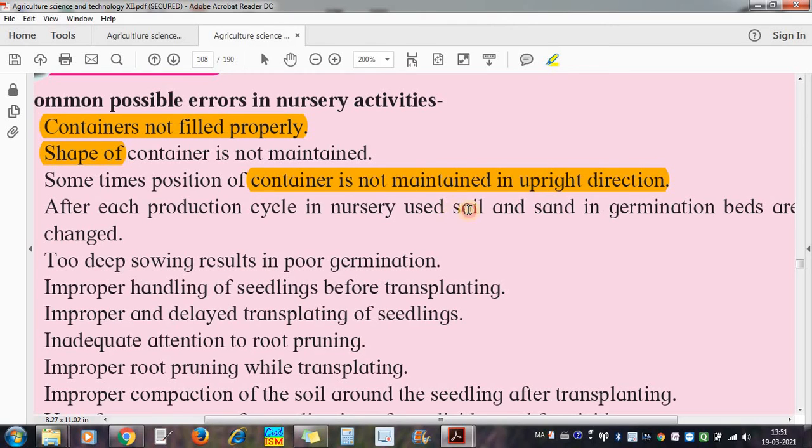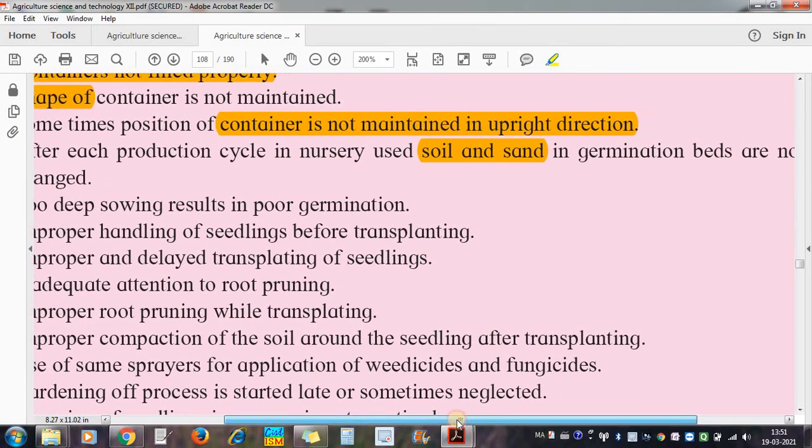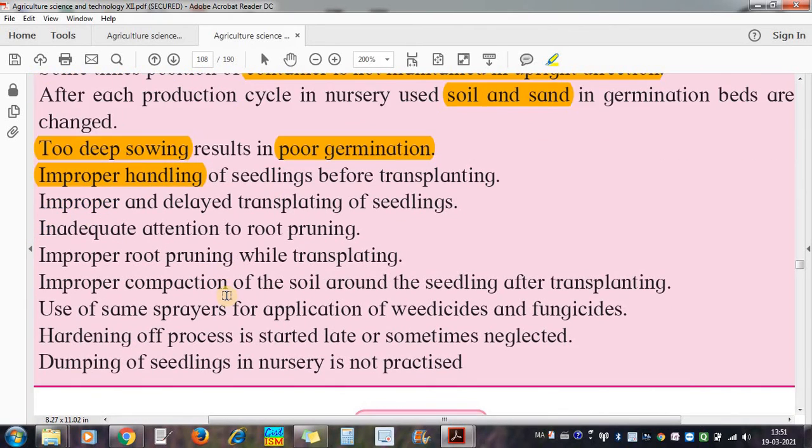So there should be proper soil and sand used for germination. Too deep sowing may result in poor germination. Improper handling of seedlings during transplanting may cause damage. Improper or delayed transplanting of seedlings will also cause slow development of the seedling.